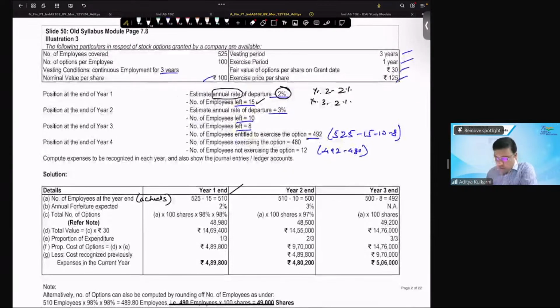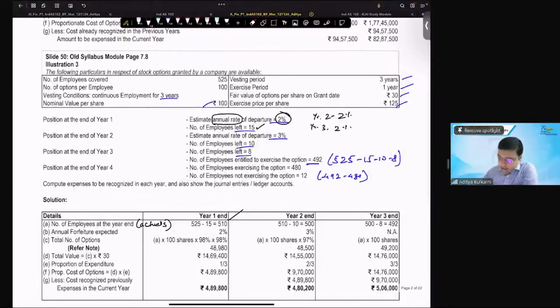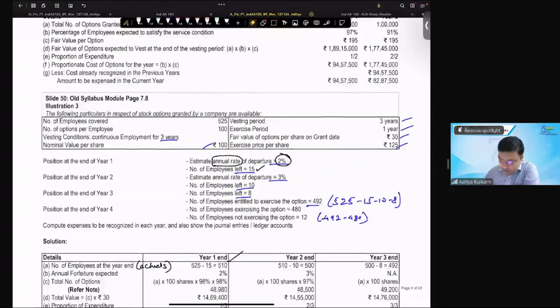total number of options. How can I calculate? Very simple. Please pay attention. Calculation is there down, but we will just discuss this. See, 510 employees are there.